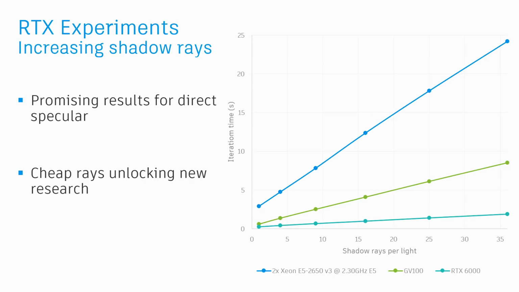And the fact that you have all those cheap rays is unlocking new research opportunities. Before that, if you look at the source code of Arnold CPU, you see that in lots of cases, it is trying as hard as possible not to trace rays. Do light culling, do all sorts of complex techniques to not trace rays.